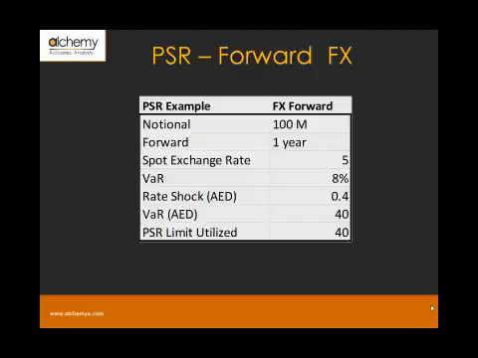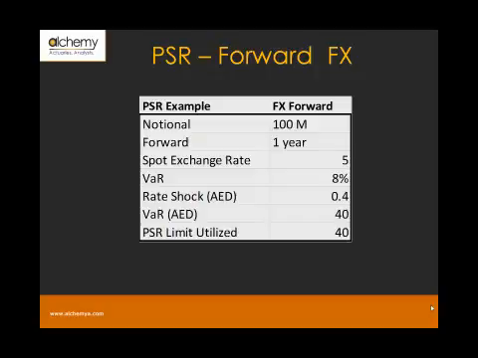On the notional that we looked at, you're saying in dirham terms, the value at risk is about 40 million, which is 8% of 500 million. The PSR limit utilization also in dirham terms is about 40 million dirhams. So from a counterparty point of view, I have a gross notional limit of 100 million euros or 500 million dirhams.